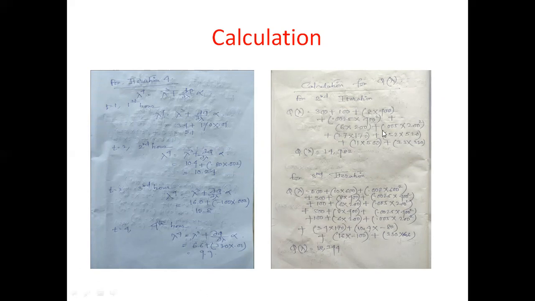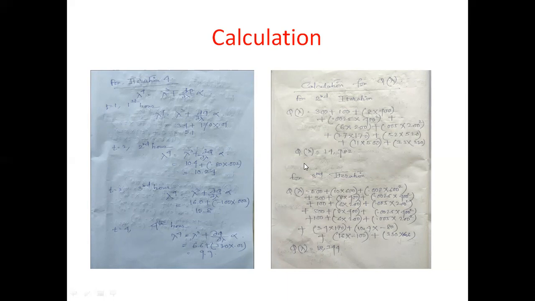These give the equation: plus 1.7 into 170, that is the lambda value, times the value of load minus generation, plus 5.2 into 520, plus 11 into 500, plus 3.3 into 330.